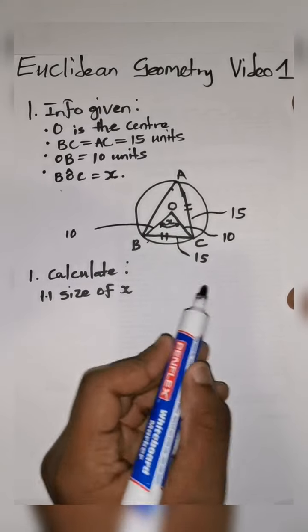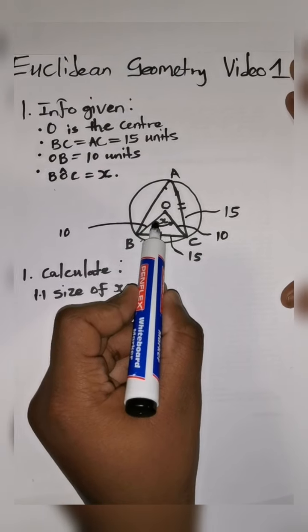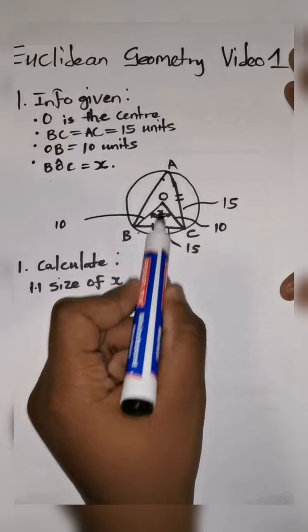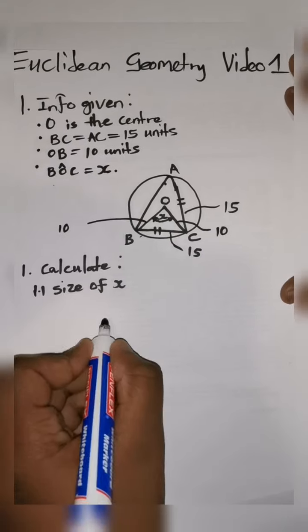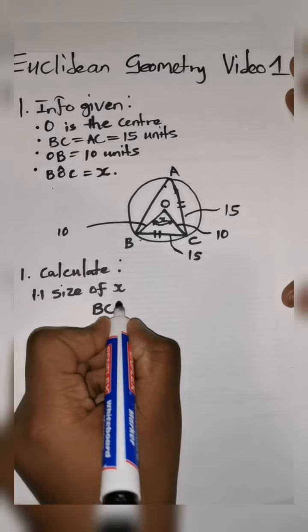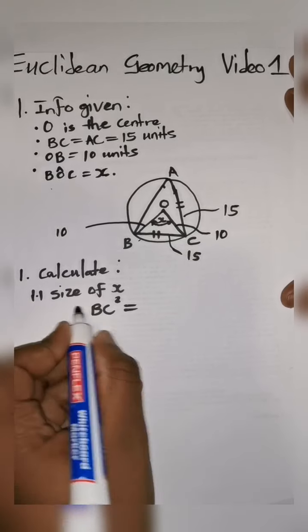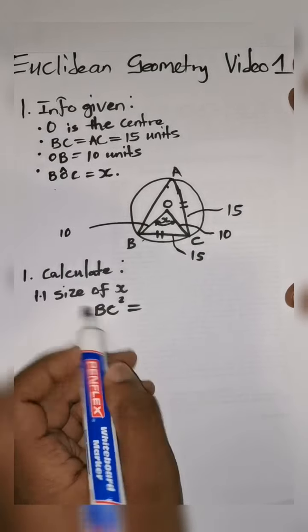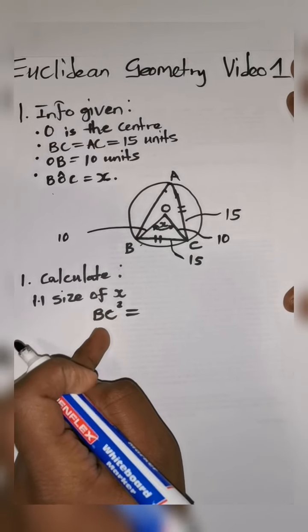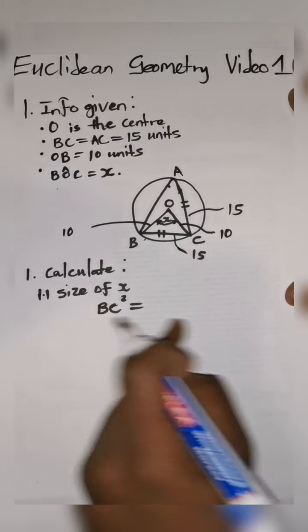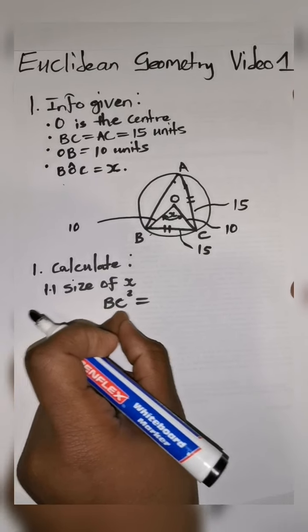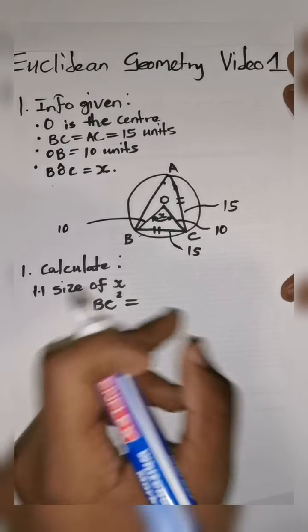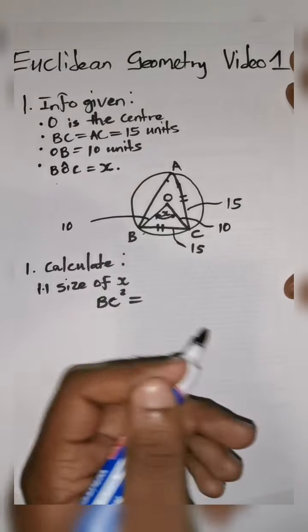this angle is opposite to BC. If you know how to use your cosine rule, the first term in the equation will be the length which is opposite the angle that we're trying to calculate.